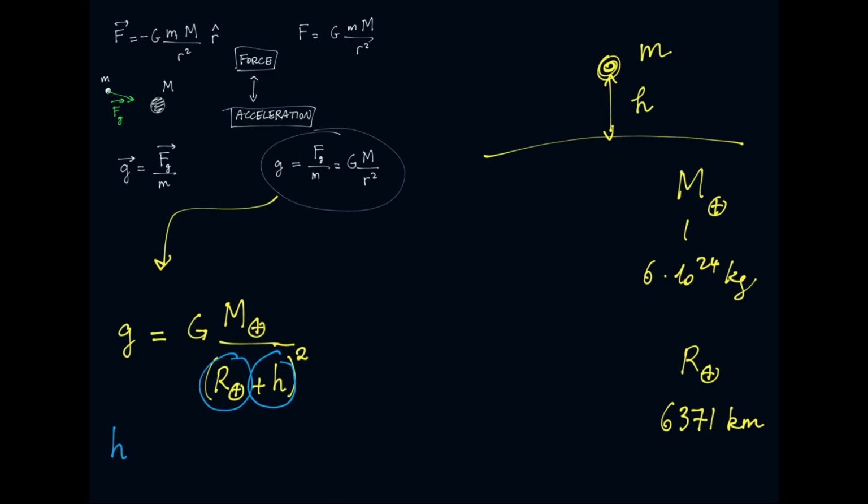So in situations where the altitude is completely negligible compared to the radius of the Earth, and notice that with the radius of the Earth being several thousand kilometers, even significant altitudes like hundreds of meters or even tens of kilometers are completely negligible compared to that, this is roughly equal to g, mass of the Earth, divided by the radius of the Earth squared. Okay? Plus small corrections that depend on this little h.